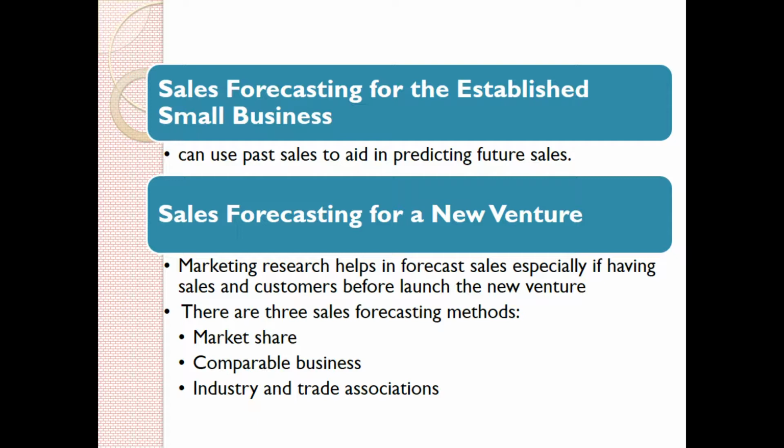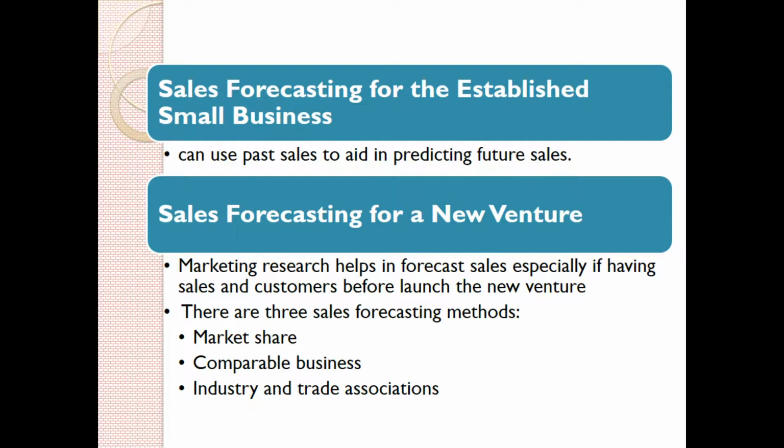And sales forecasting for a new venture pula, what does it mean? Because this subject is APT 2053 is about opening a new business. Okay, so how do we do sales forecast for a new business?